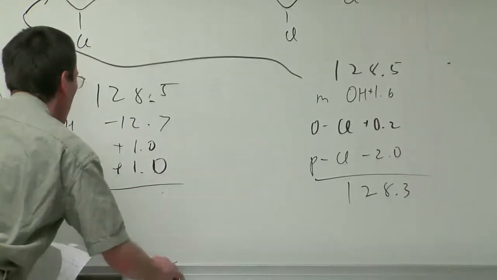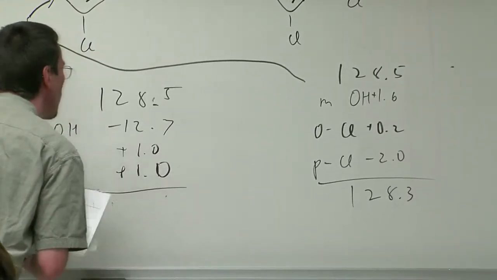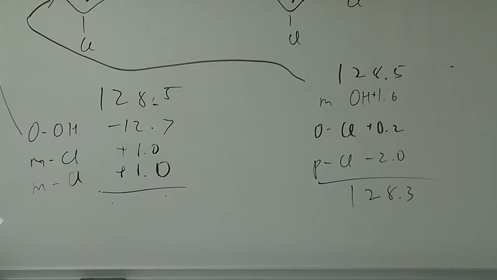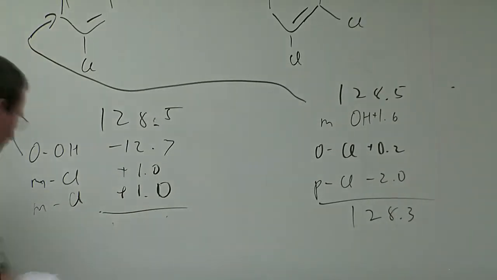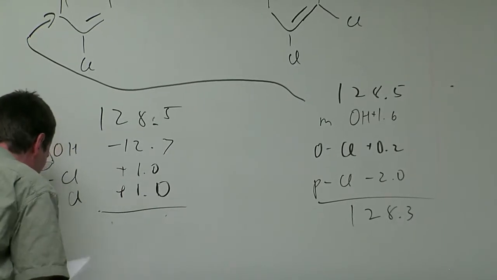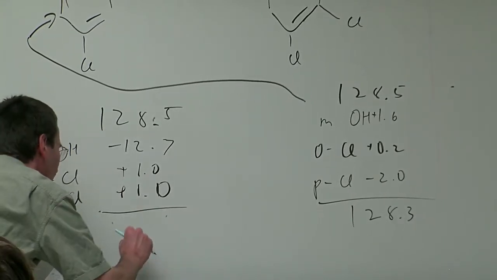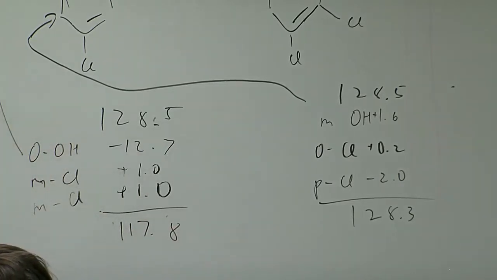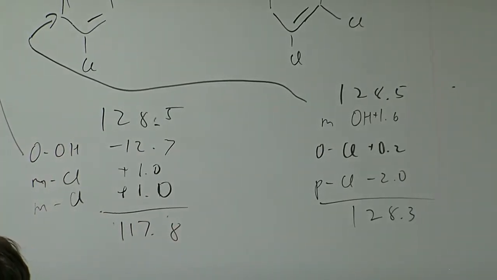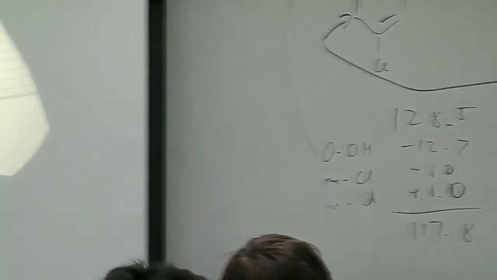No, that would be 119.2. Oh, I'm sorry, that's minus. I'm sorry, I got lost. Wait a second. Anyone have a calculator? Right, we were right. Was it 128.5? 117.8. Okay. So I get 117.8 and 128.3.